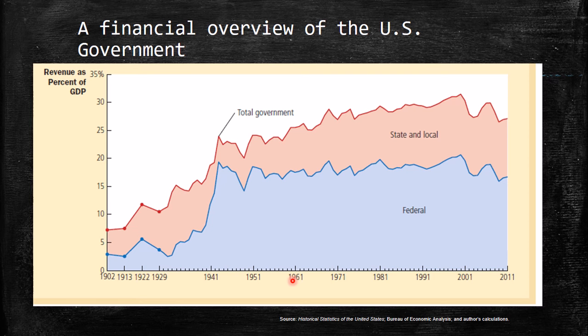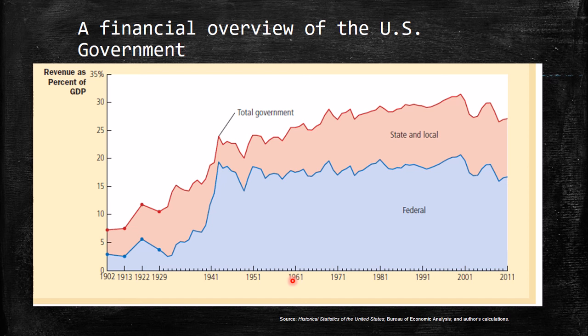In this first graph, we have the financial overview of the United States government. On the y-axis, we have the revenue as a percentage of GDP. Remember, GDP is the gross domestic product. Basically, it is the value of all final goods and services produced in a determined period of time, usually counted yearly.